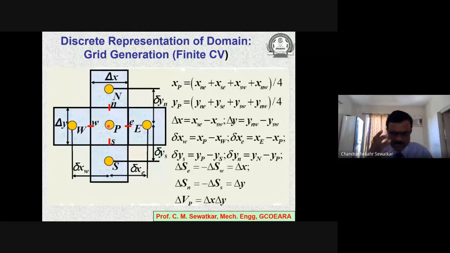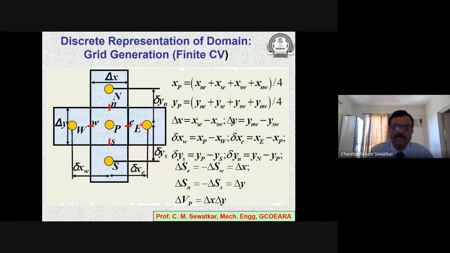Somehow, maybe through an initial guess or some initial condition, I know those values. So if I know those values, I can take the difference between the temperatures and divide it by the distance between the two. If I do that, I will be able to obtain the temperature gradient: phi_E minus phi_P divided by delta x_E.